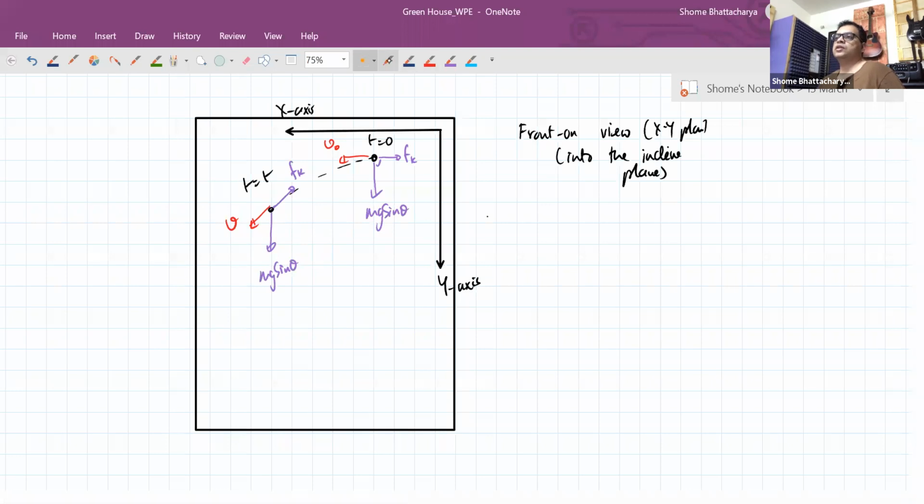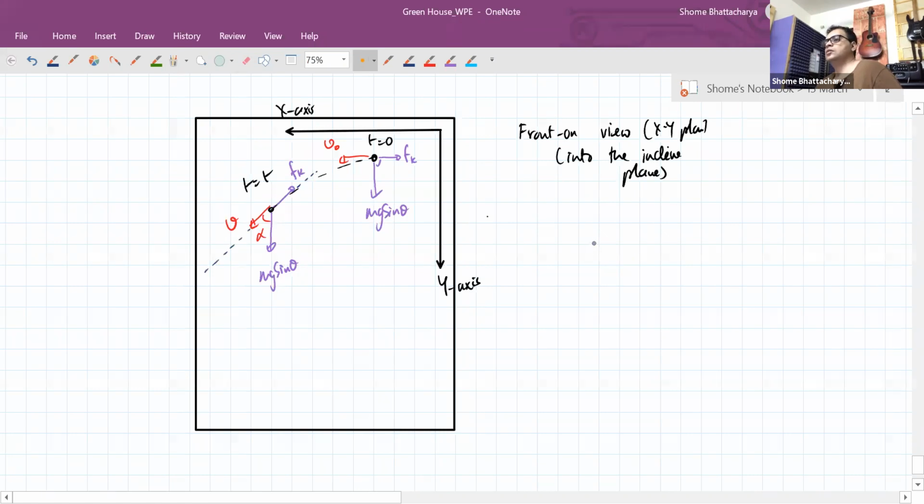So if this instantaneous angle between the velocity vector and the y-axis is some alpha, let's say, then what we can see here is that minus dv by dt, or actually let's write it like this, mg sine theta has a component along this tangential direction.